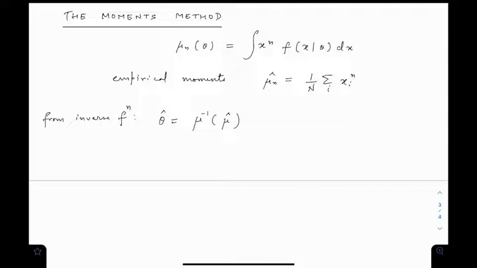It is clear that any function u of x for which the expected value and variance exist, and whose expectation is an invertible function of theta, can be used instead of x to the power n. Therefore, the method is somewhat more general than suggested by its name.